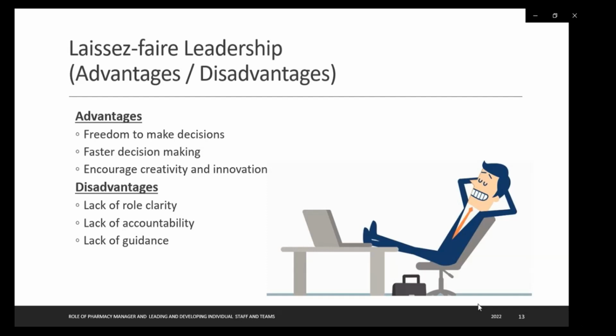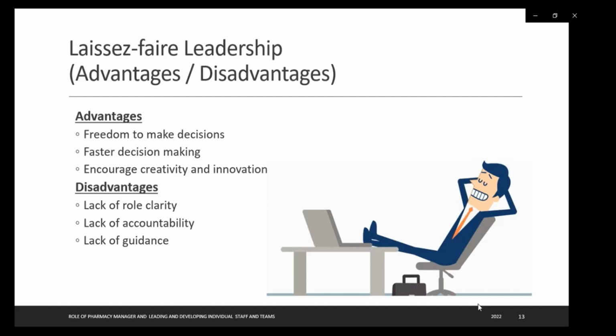Freedom to make decisions, faster decision making, and encouraging creativity and innovation are the advantages of laissez-faire leadership. The disadvantages are lack of role clarity, lack of accountability, and lack of guidance. Laissez-faire leadership involves leaving employees to conduct tasks without overseeing them, as long as their actions do not negatively affect the company.